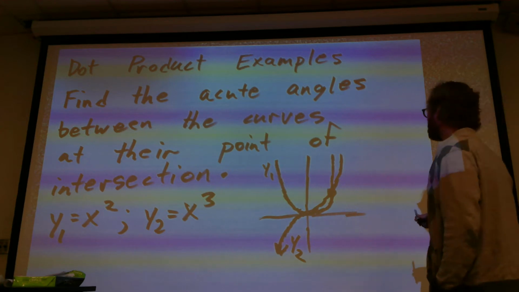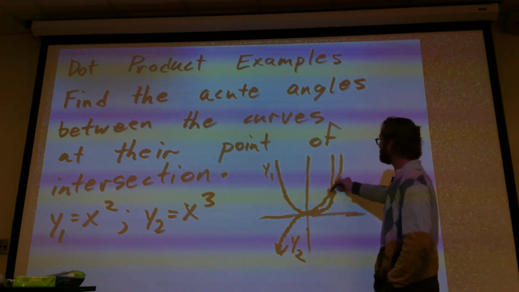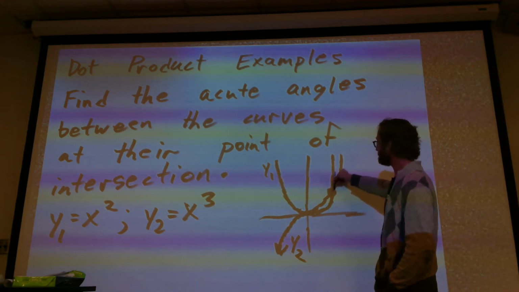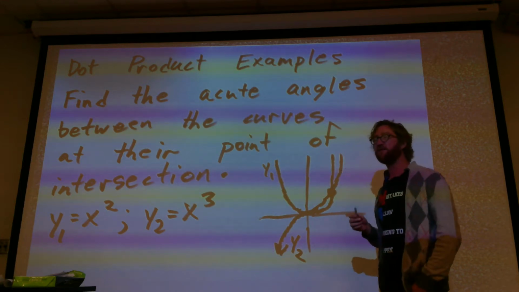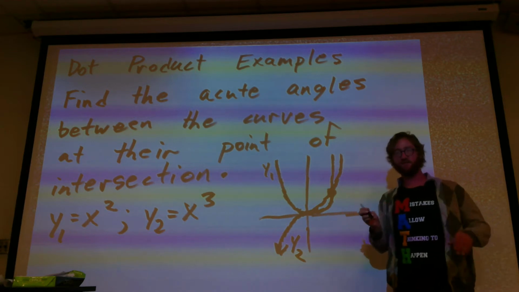Okay? And so if I look at the tangent line at this point and the tangent line at this point, and I do their dot product, remember that when we do the dot product, we have this formula.